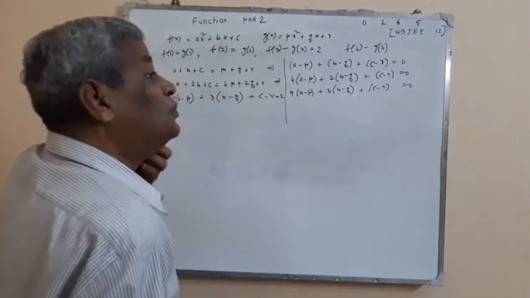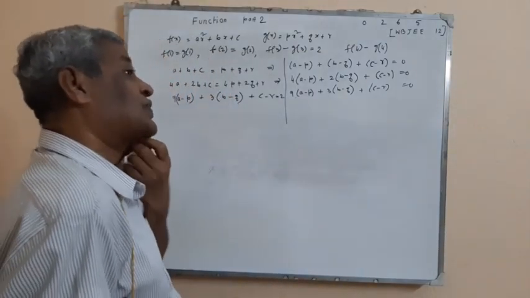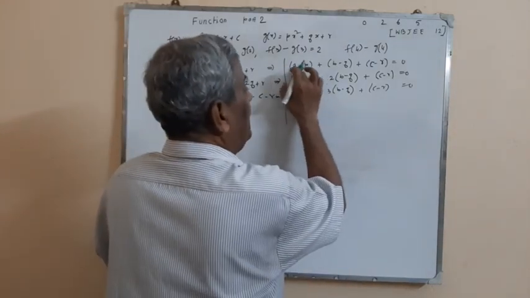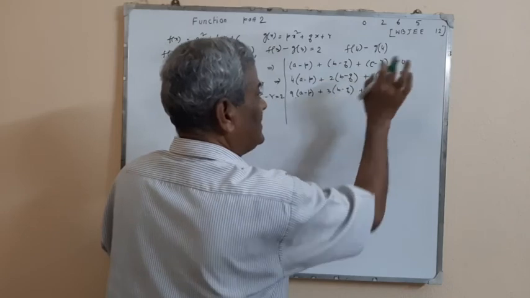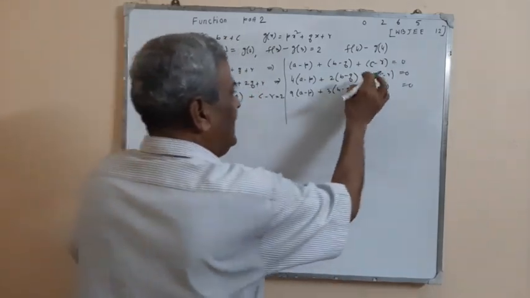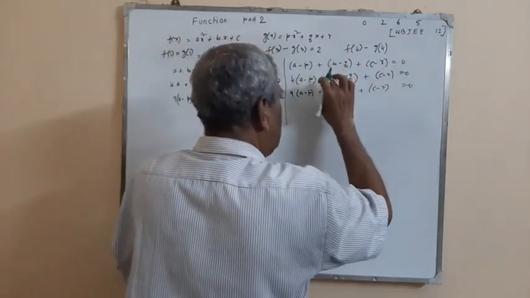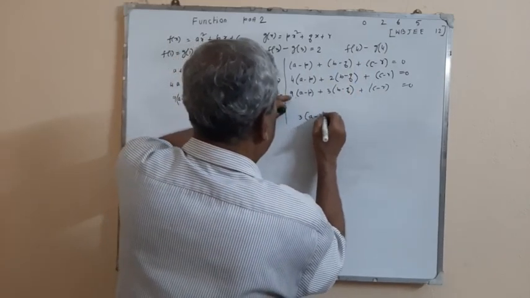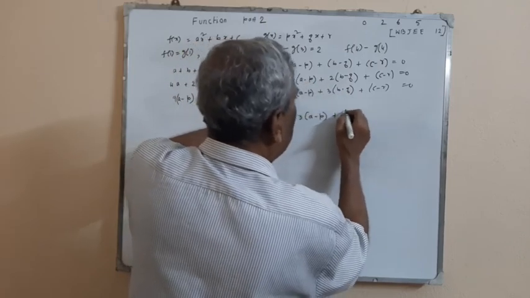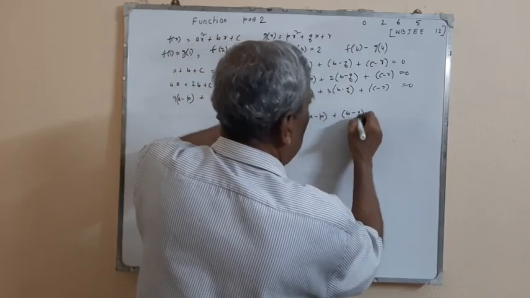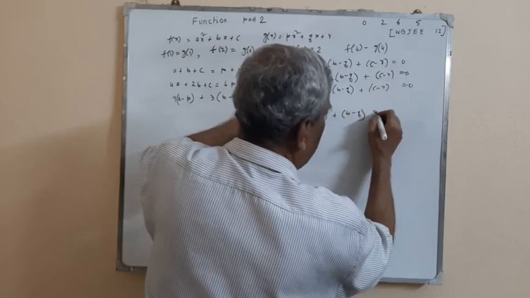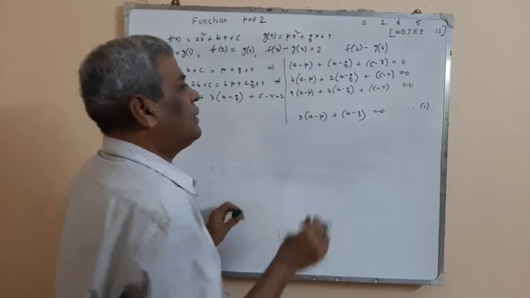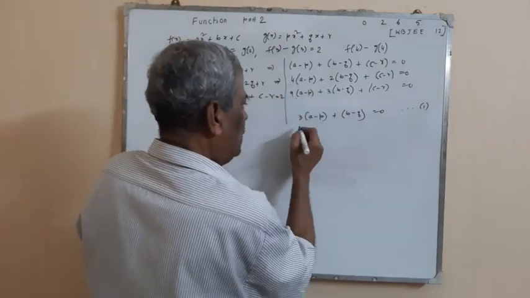Now, we have 3 equations and 3 unknowns: a - p, b - q, and c - r. So subtracting this from there, we get 3(a - p) plus b - q cancels, is equal to 0. Suppose this is 1. Now subtract this from there, we get 5.